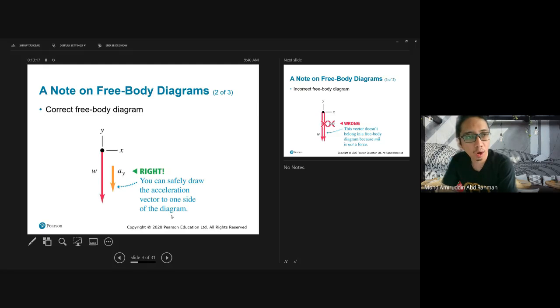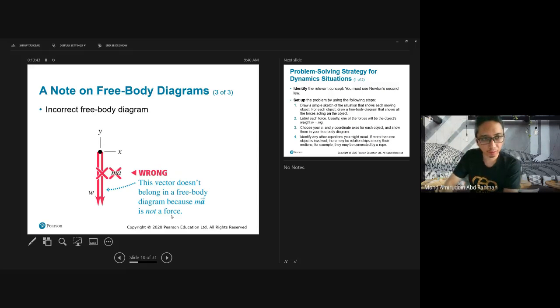So how about the free body diagram of the free fall motion? We can safely draw the acceleration vector to one side of the diagram. So this is correct. We have W going downwards and also ay downward.